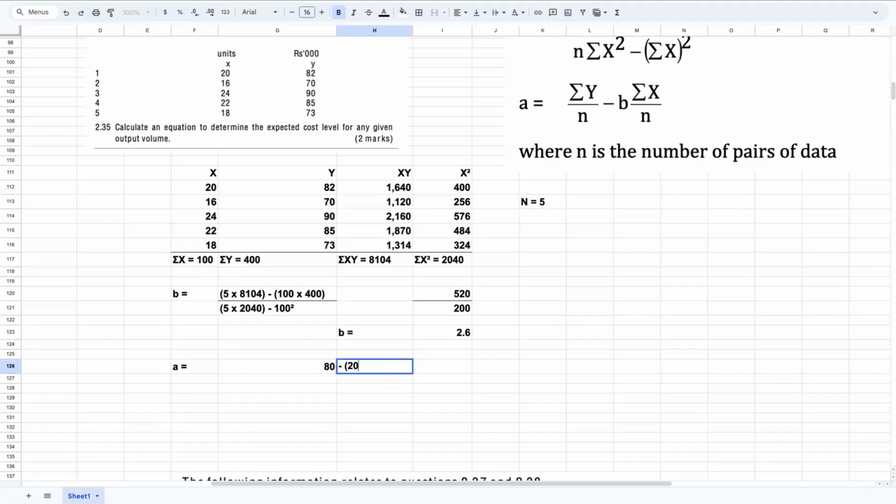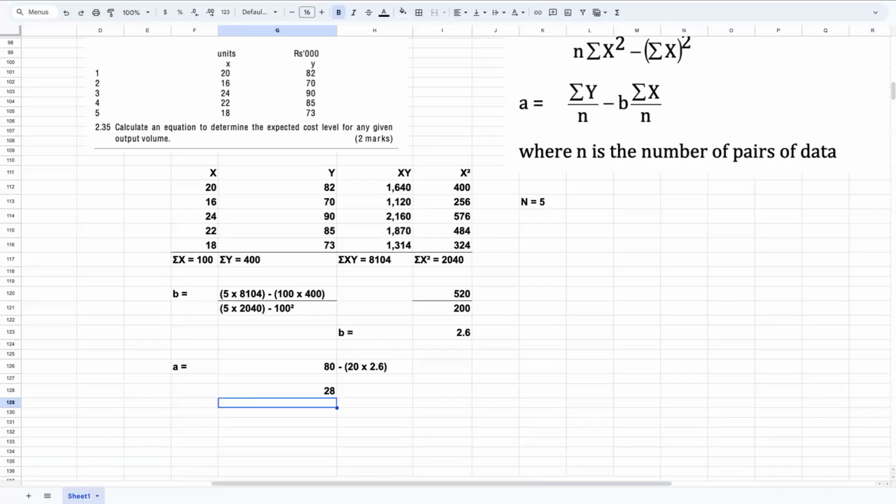But we have to multiply this with the b value, which we have already calculated, that is 2.6. So 80 take away 20 into 2.6 is going to be 28 without any decimals, right? So the a value is 28.